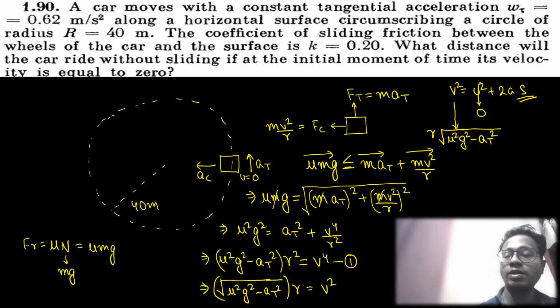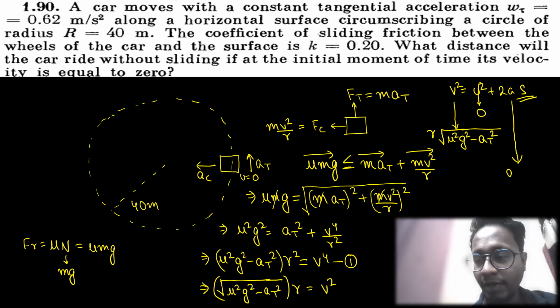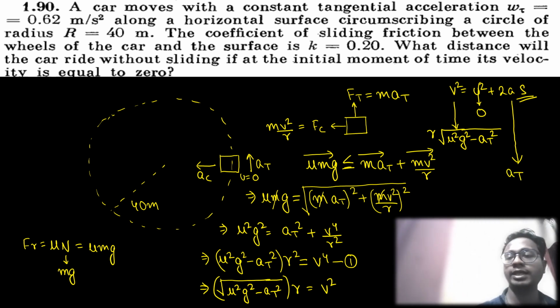What is the value of acceleration? The value of total acceleration is nothing but the tangential component of acceleration, because when the total velocity is lesser than this value, then only the car will stay in the circular track, no? So what is the value of tangential acceleration? The value of tangential acceleration is given as 80.